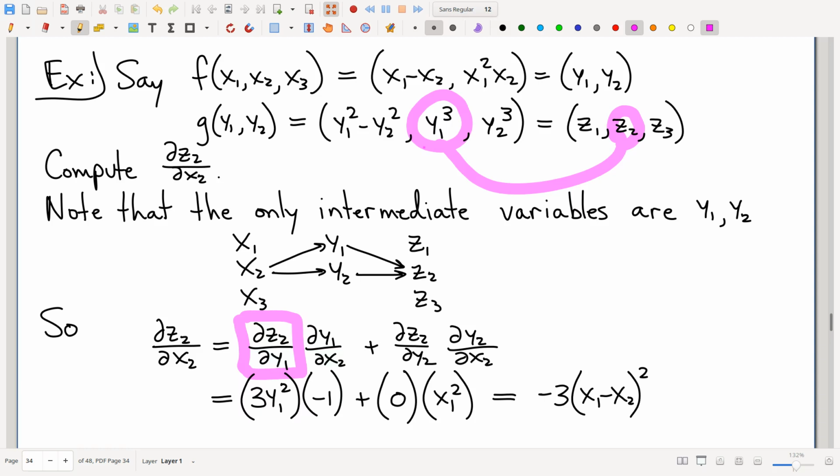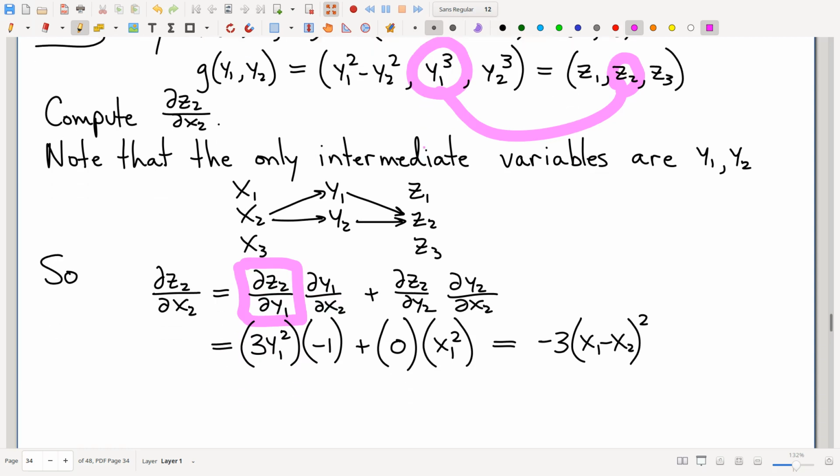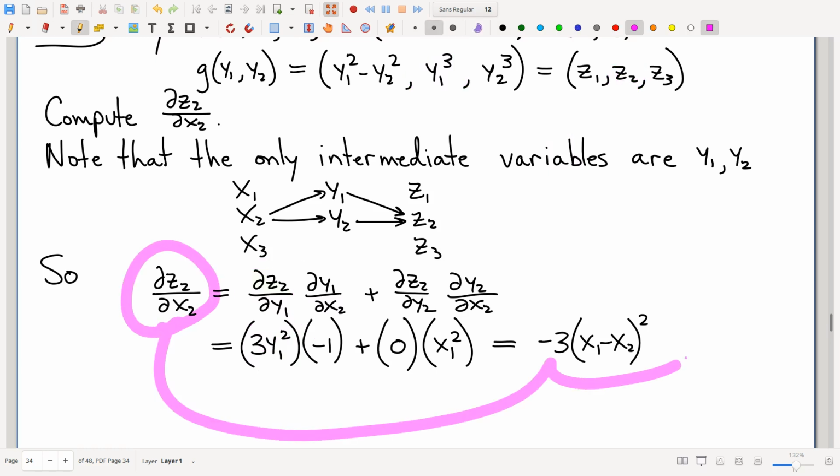And what is the partial of this with respect to y1? That's an easy partial derivative, and it's 3y1 squared. Et cetera, et cetera. And all together you combine it at the end, and the thing I was looking for is this expression. Everybody happy?